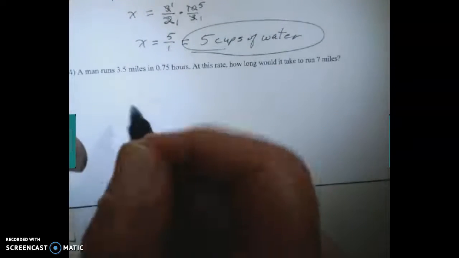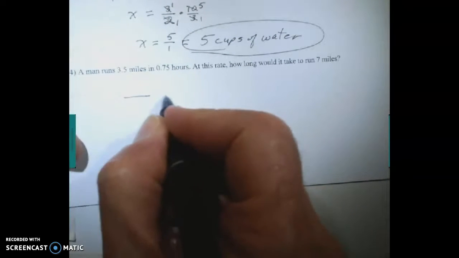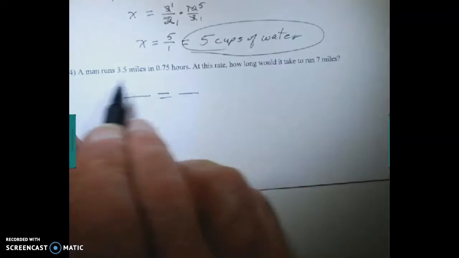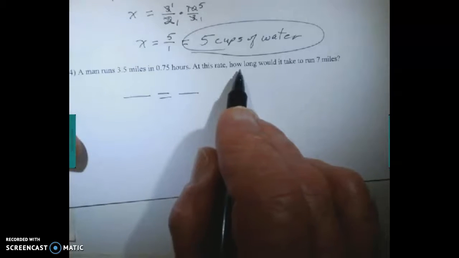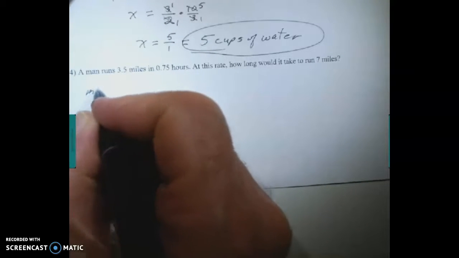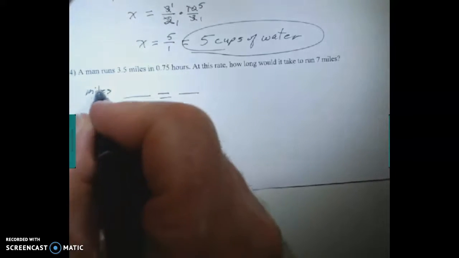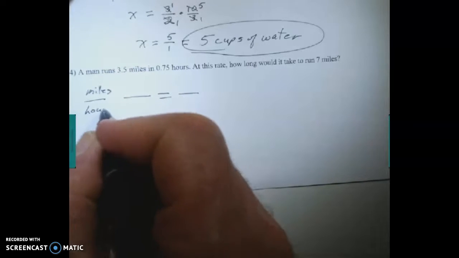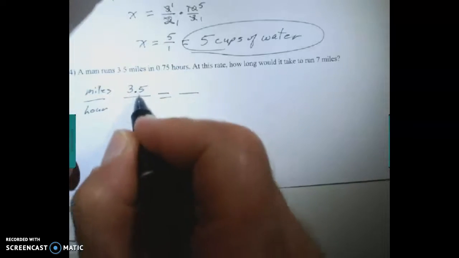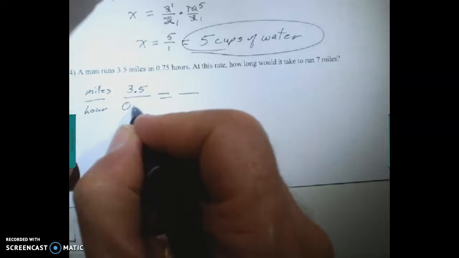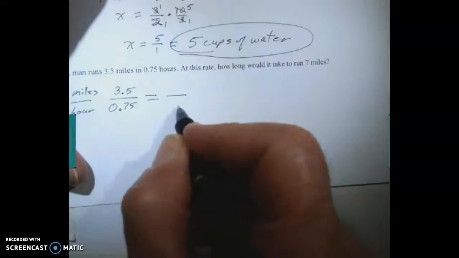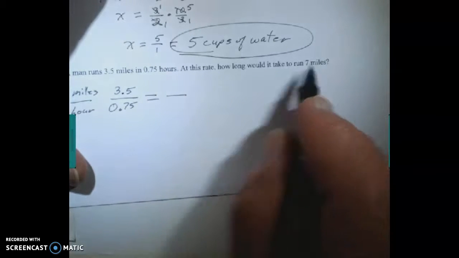The next question, again, set up a proportion. Line equals line. Talking about miles per hour, and we're looking for how many hours it's going to take to run that many miles. I'm going to go ahead and set it up with miles over hours. And the ratio they give you is that you can go 3.5 miles in 0.75 hundredths of an hour, and you want to know how long it takes to run 7 miles.